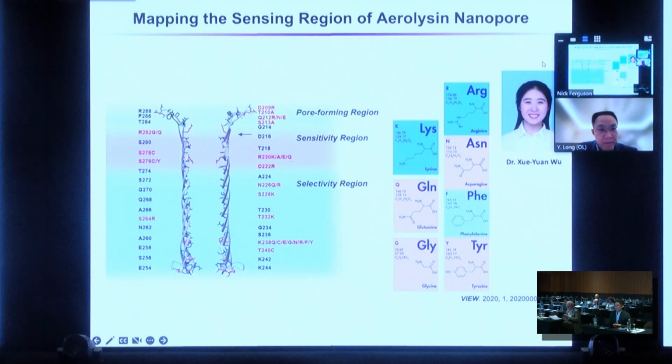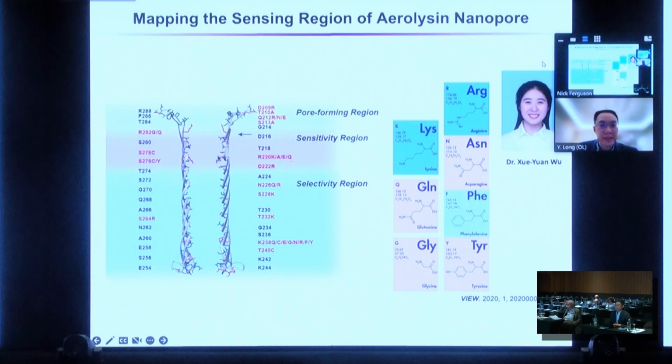For the biological nanopore, all those amino acids can be changed by genetic engineering techniques. On the top of the pore is the sensitive region, so the target there will be a selective target molecule, and the channel is all a sensing area.